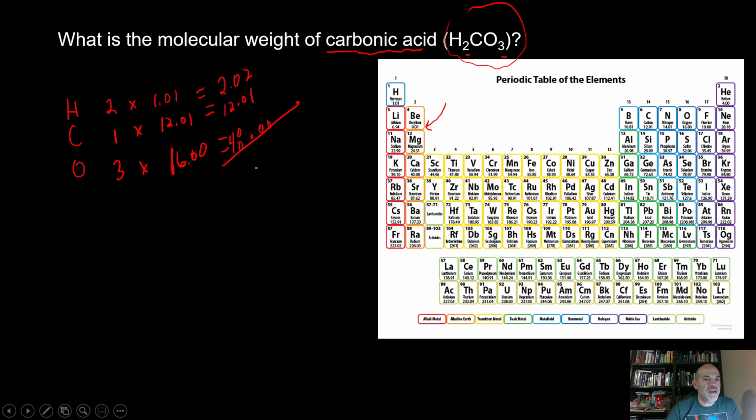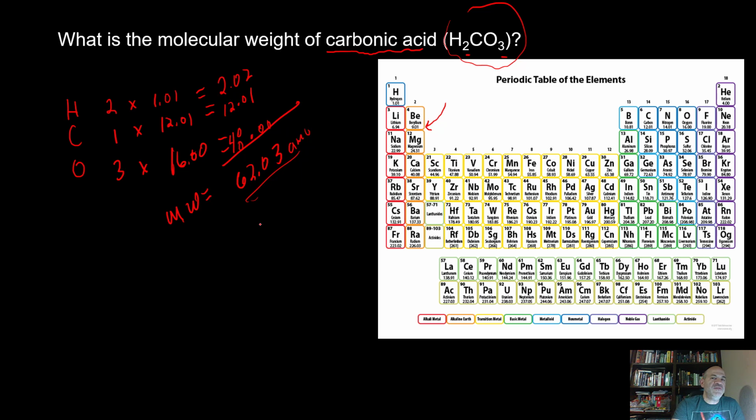I'll have a calculator for you there on the web browser, the lockdown browser. And this comes out to 62.03. So that would be the molecular weight, the weight of one molecule, about 62. Yeah, that makes sense. And technically, the units are atomic mass units. So that's the molecular weight.